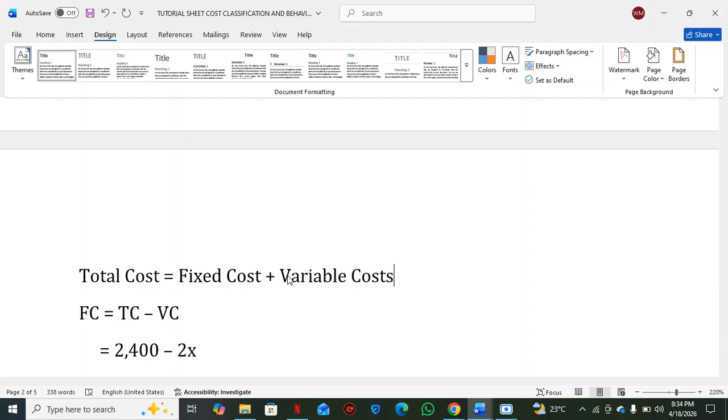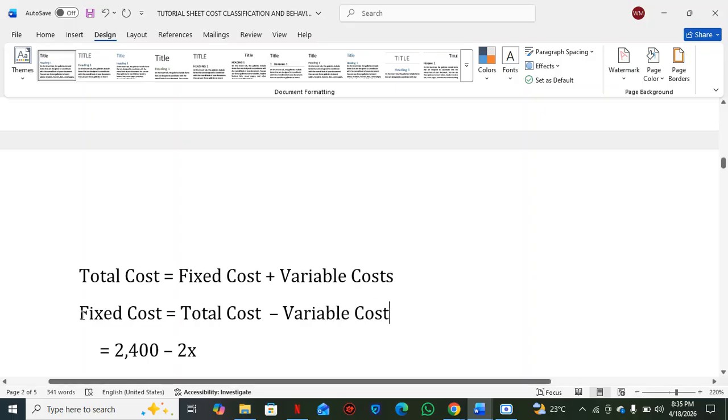So if you want to get your fixed cost, you make fixed cost the subject of the formula, and it becomes fixed cost equals total cost minus variable cost.